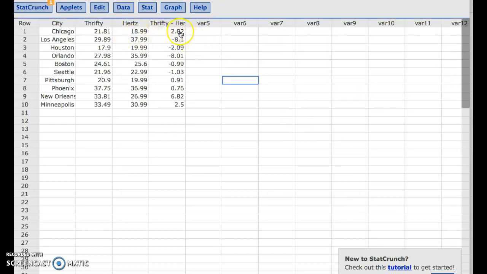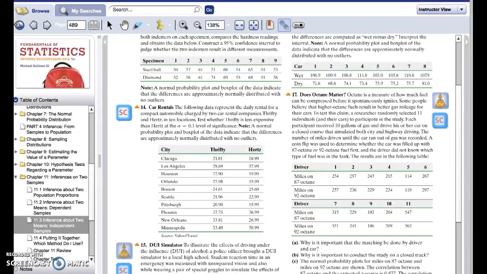And notice what this is telling me. If I subtract, this is telling me Thrifty is $2.82 more expensive per day in Chicago, but in Los Angeles, Thrifty is cheaper. So if Thrifty is cheaper, I actually see negative differences. So going back to my context here, when I set up my null and alternative, that will make a difference.